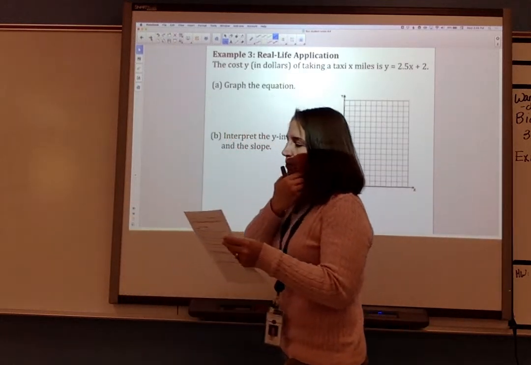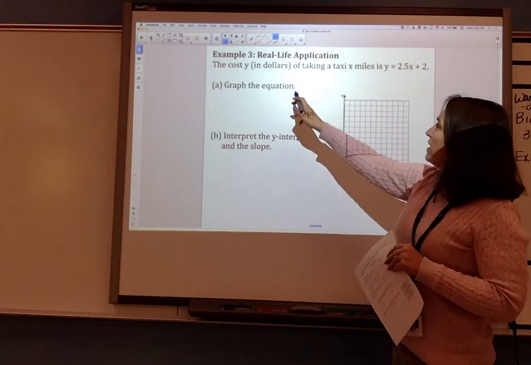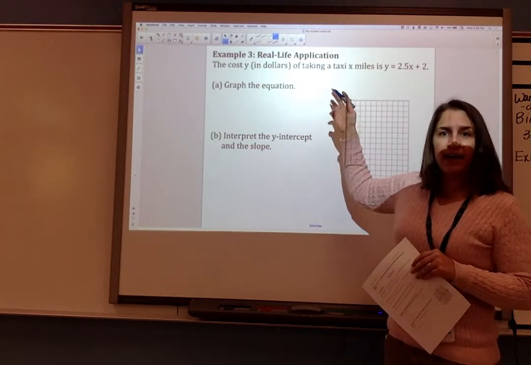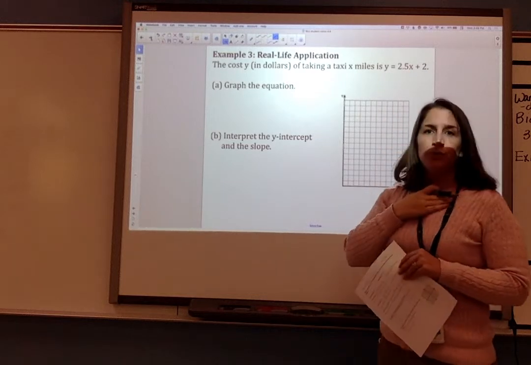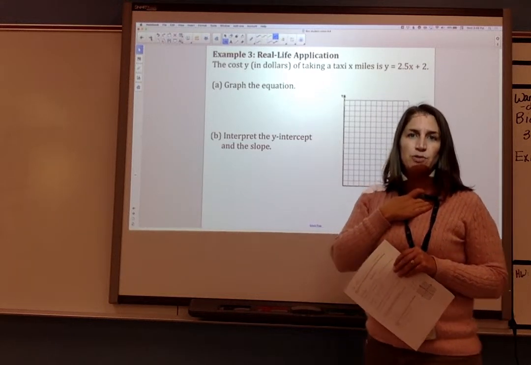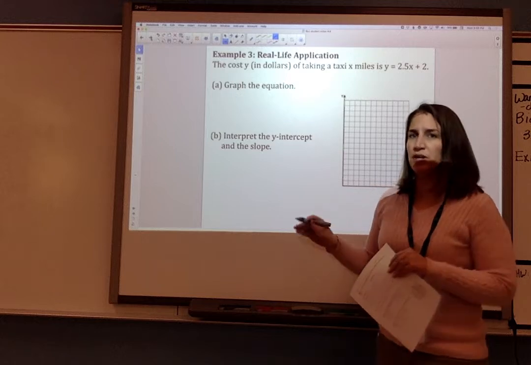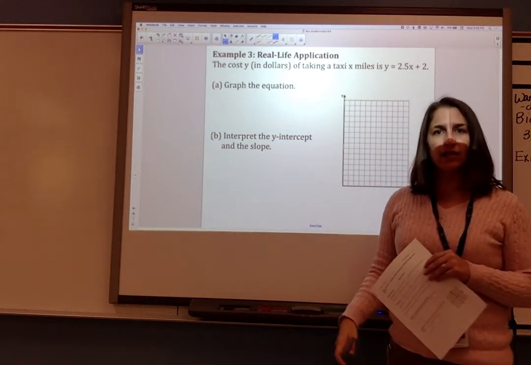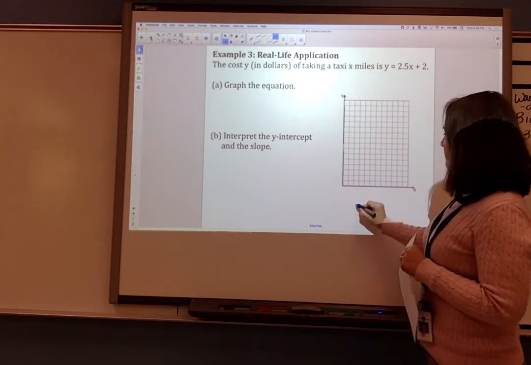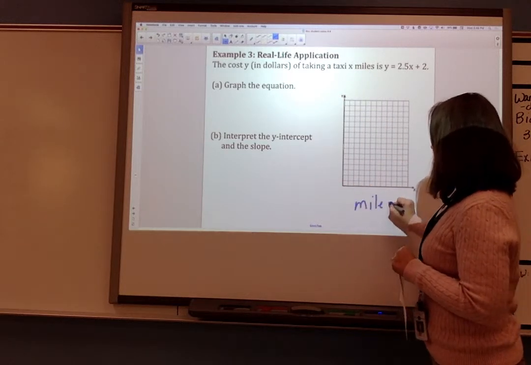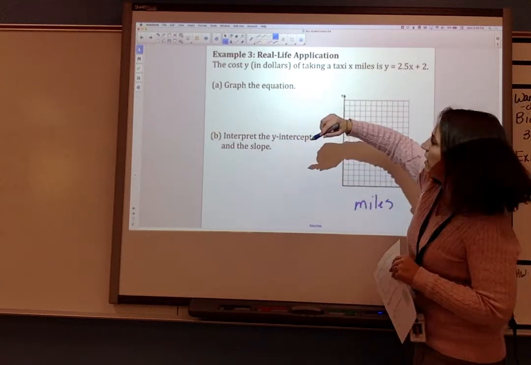All right, let's look at our next example. We have a real-life application. The cost in dollars of taking a taxi x miles is written with the equation y equals 2.5x plus 2. So first, let's graph the equation. We need to label our x-axis and our y-axis. We're told that x is miles, so our x-axis will be miles, and our y-axis is dollars.